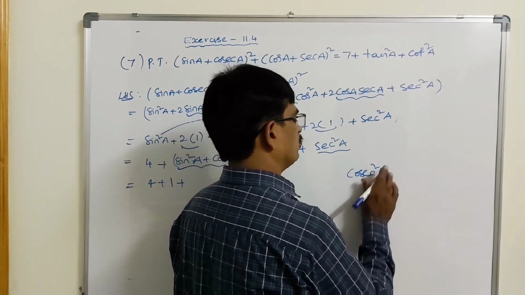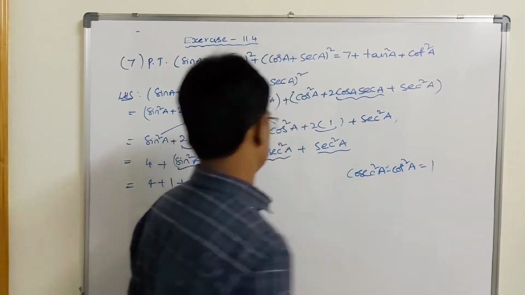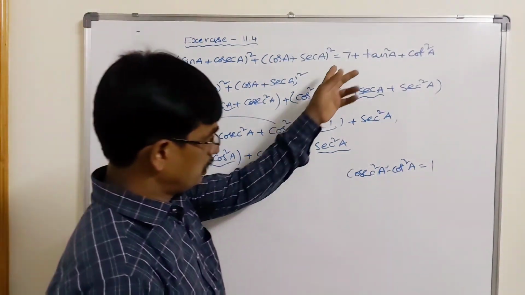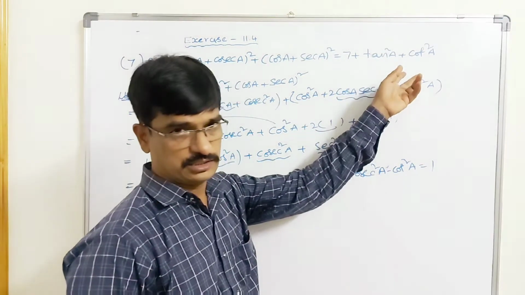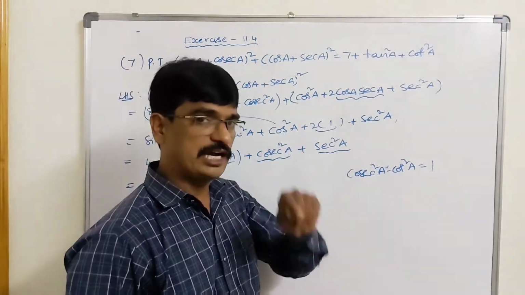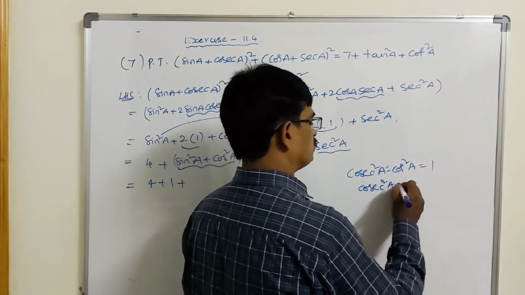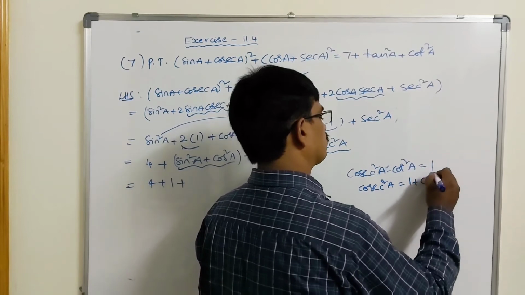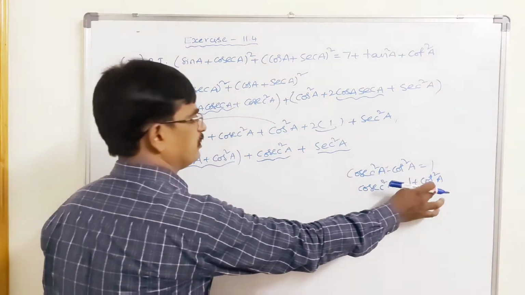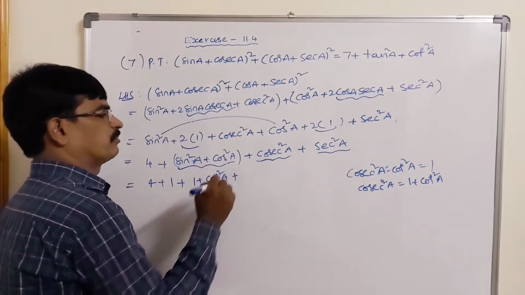Cosecant square A minus cot square A is equal to 1. Here cosecant square A is there, but in the RHS part there is no cosecant, so convert cosecant square A in terms of cot. That is cosecant square A is equal to 1 plus cot square A.